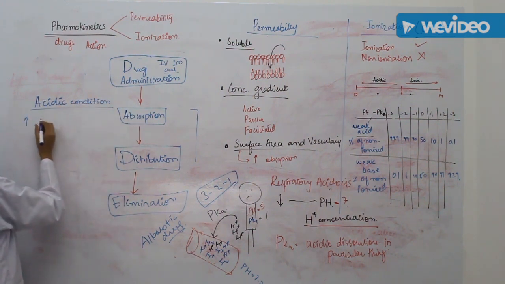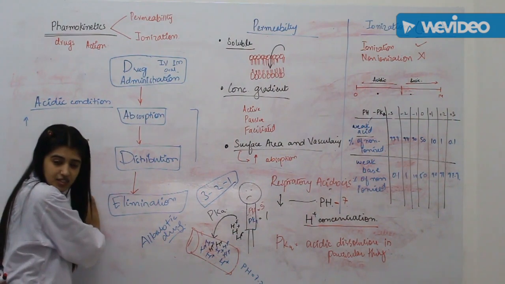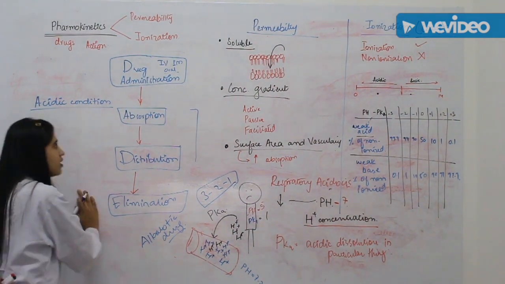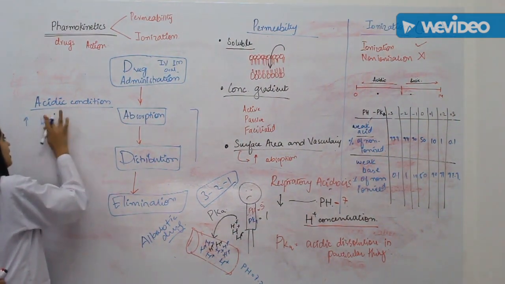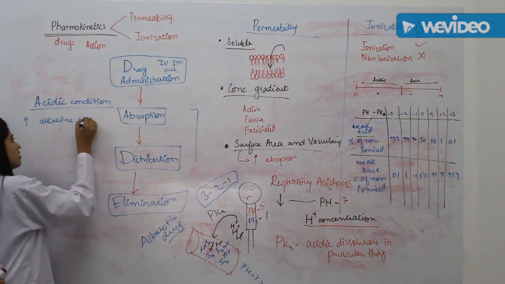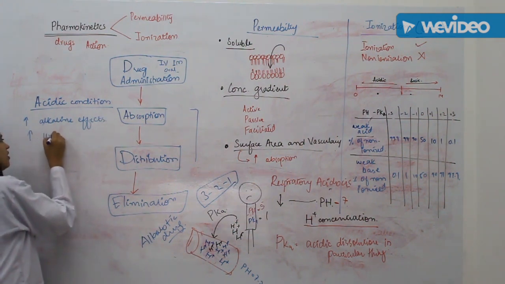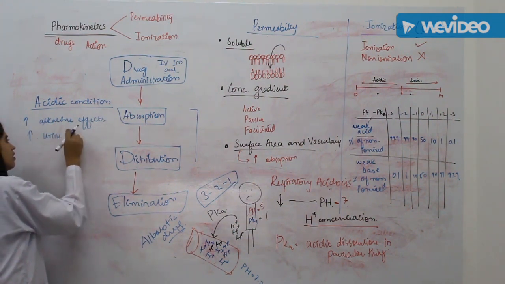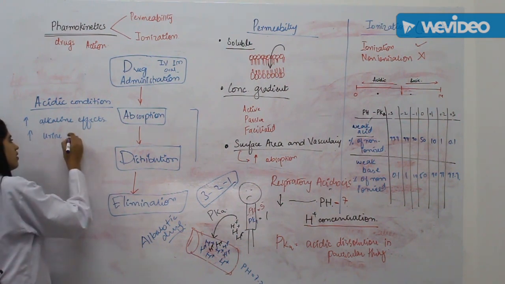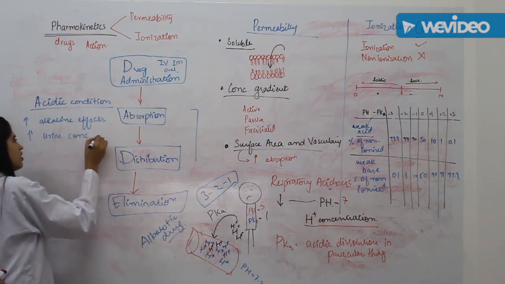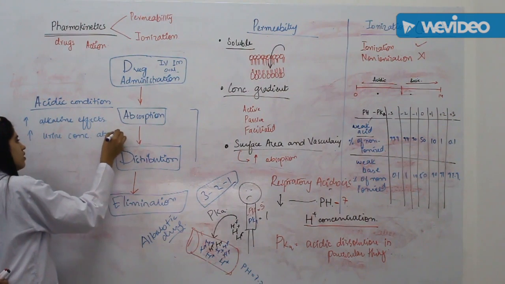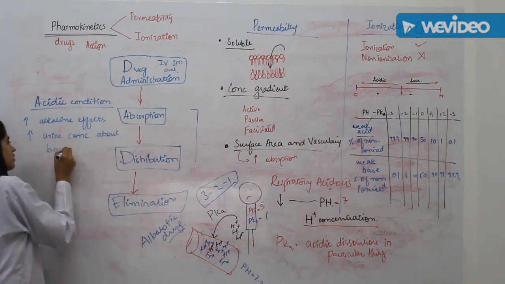We have to increase the basic point, the alkaline effects, and increase the urine concentration of base.